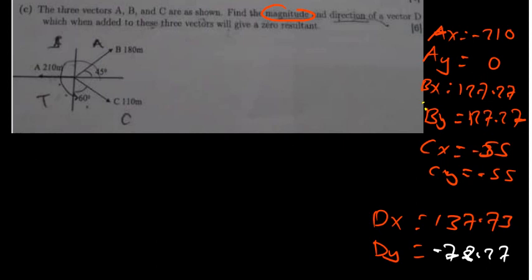So you say D is equal to the square root of Dx squared plus Dy squared. Our Dx is 137.73 squared plus negative 72.27 squared. What will be our D?